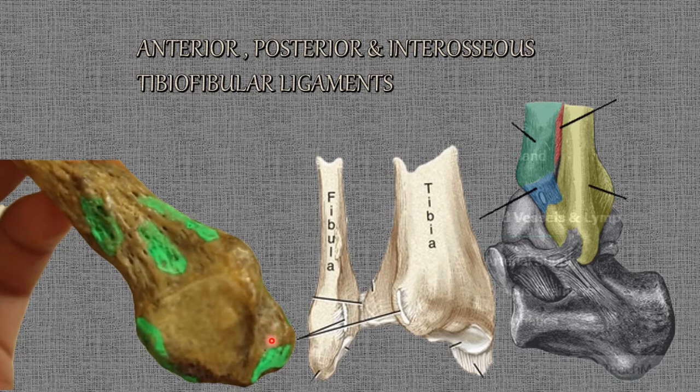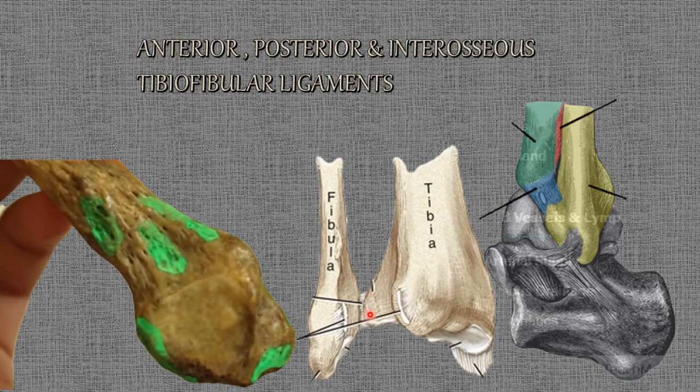This is the malleolar fossa. This is the triangular articulating facet for the talus. And above that there is a triangular roughened area, which gives attachment to the anterior tibiofibular ligament, posterior tibiofibular ligament, and interosseous tibiofibular ligament.